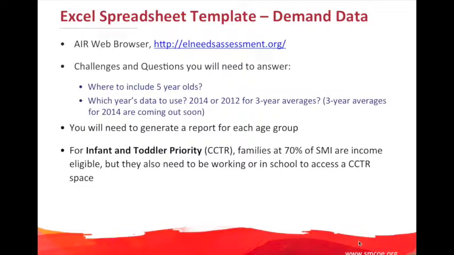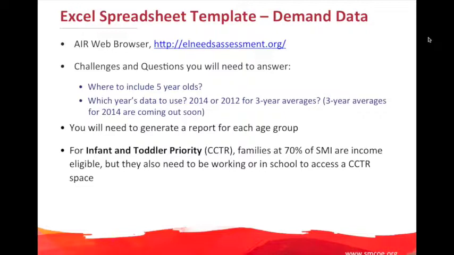For smaller counties, because the survey is a survey, they may find that what are called the 3-year averages are more stable. So if one year the respondents didn't happen to have young children very much, and the next year they did, putting them all together, the 3-year averages might be more stable.